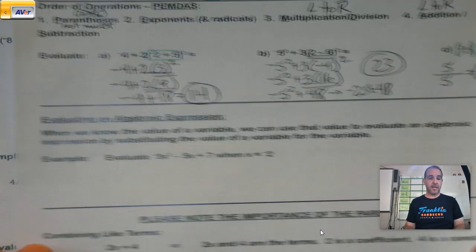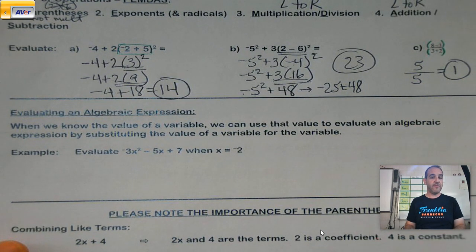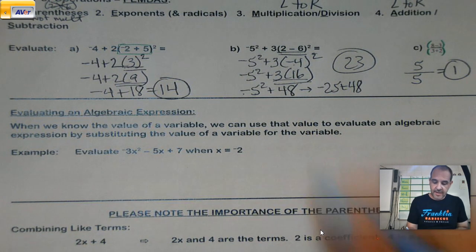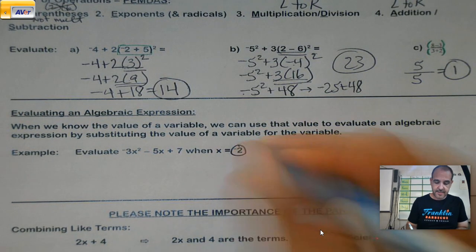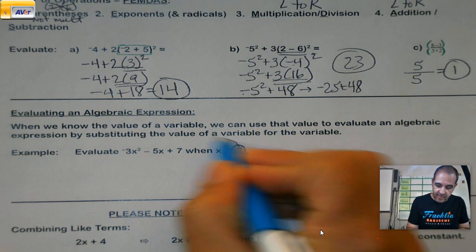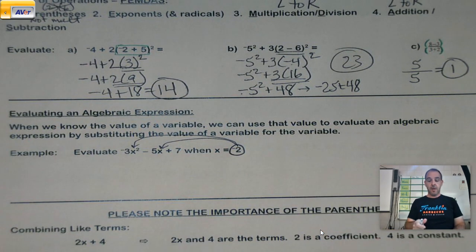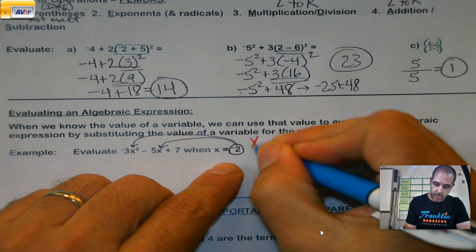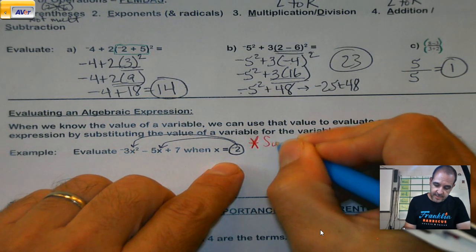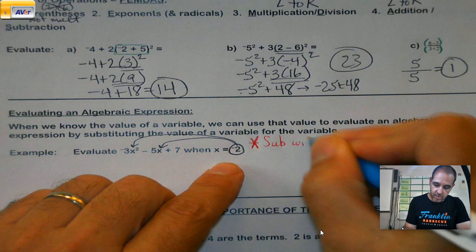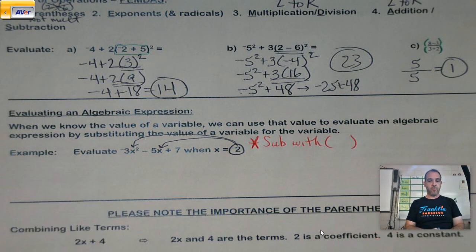Okay. All right. Evaluating. Fancy way of saying solving an algebraic expression. Basically, it's substitution. If they tell me what the x value is, what that means is I'm going to plug that x value into every place that there's an x. But here's my big reminder. We're going to do it in red. You always substitute with parentheses.